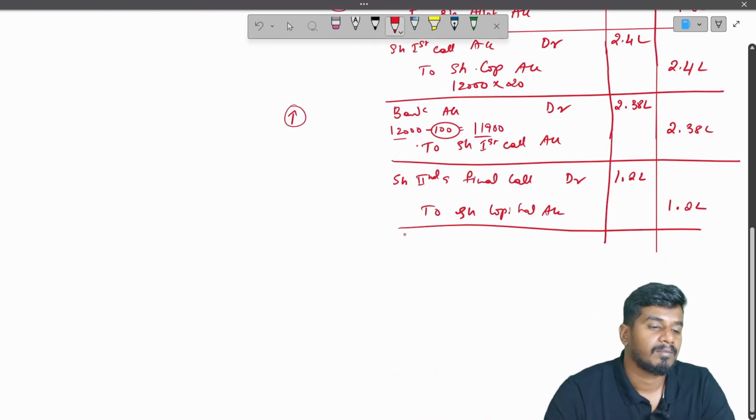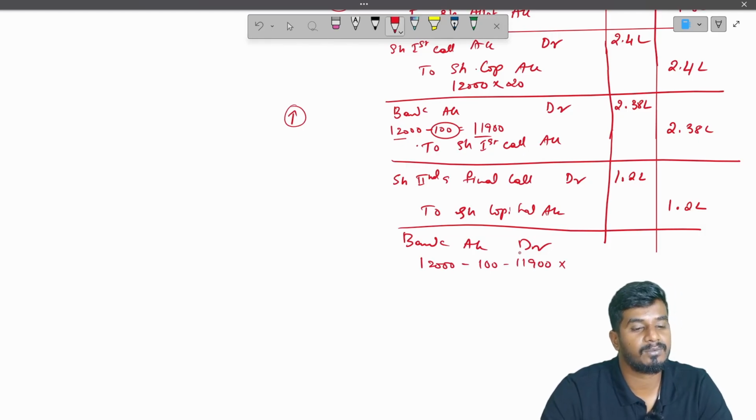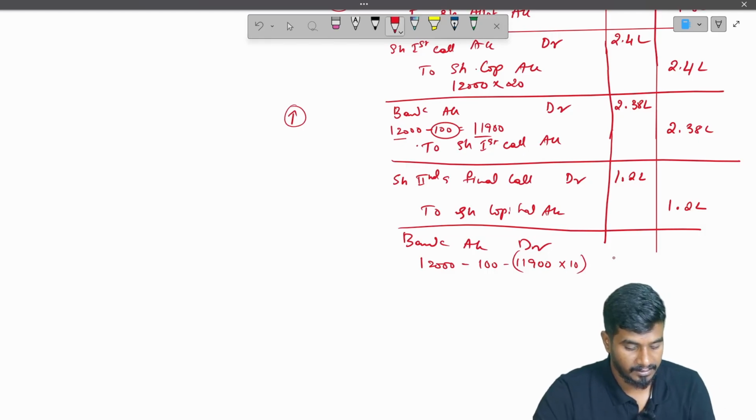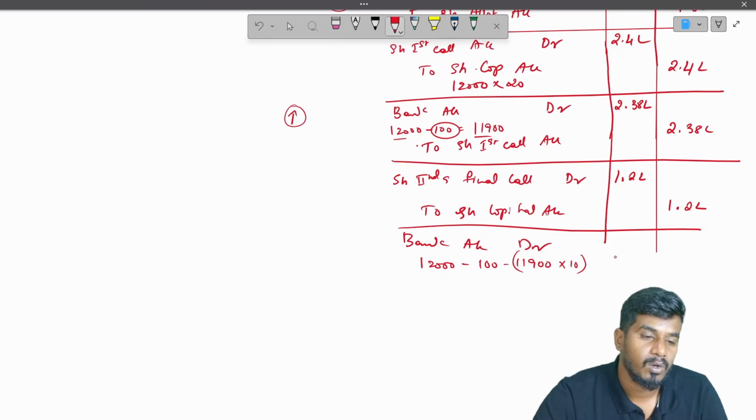How much will we receive in the bank account, because we are not receiving for 100 shares? So bank account debit. We are receiving only for 11,900 shares into 10 rupees, which is 11,900 into 10, it is 1,19,000.